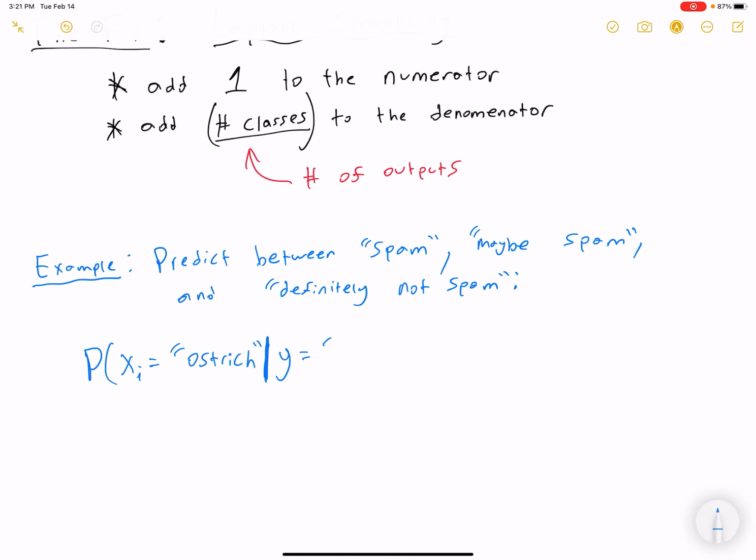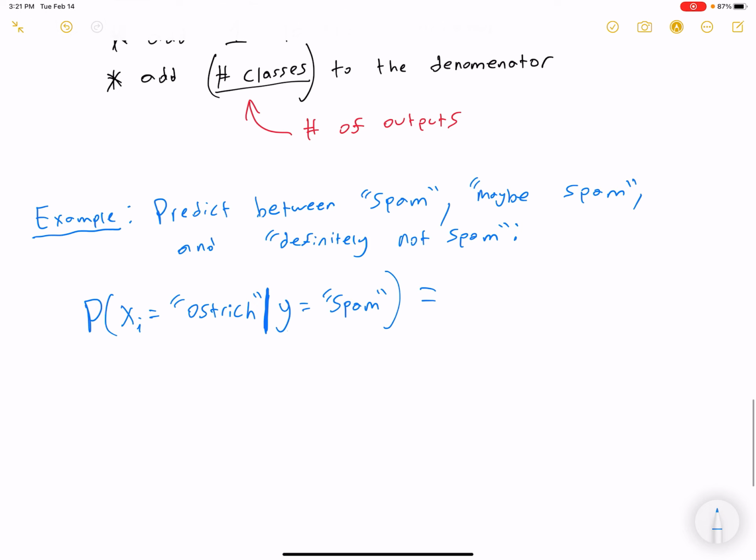So given that y equals spam would be equal to 0 plus 1 over the total number of spam emails plus 3.